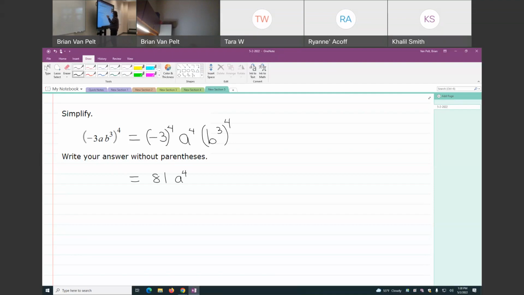A to the fourth didn't have parentheses, so it's good. And what do you do with the exponents for b? Put them together, so you're going to have 3 times 4. Questions? We good?